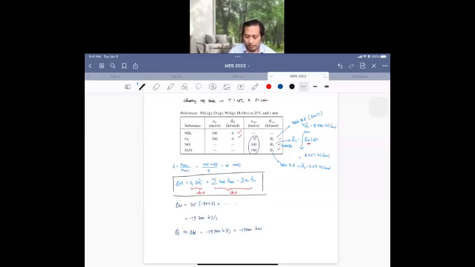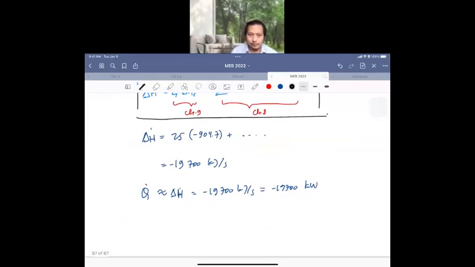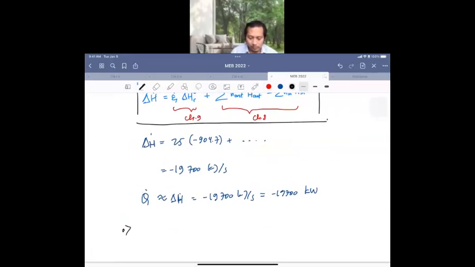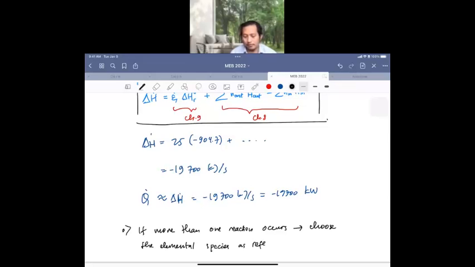So maybe let me write here: if more than one reaction occurs, choose the elemental species as reference to avoid complications.